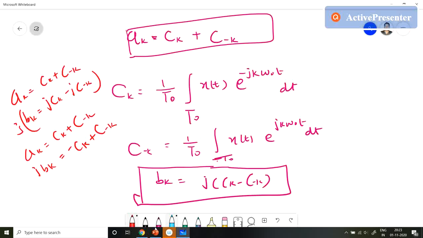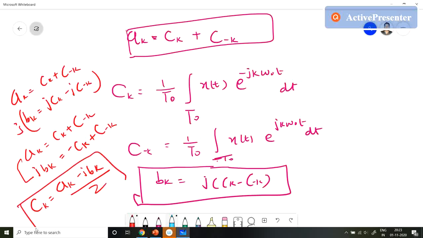Now if we subtract these two quantities, the subtraction will result in the relation between ck and ak and bk. We will get ck is equal to ak minus j times bk divided by 2.